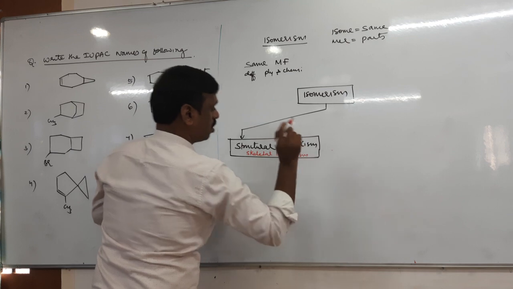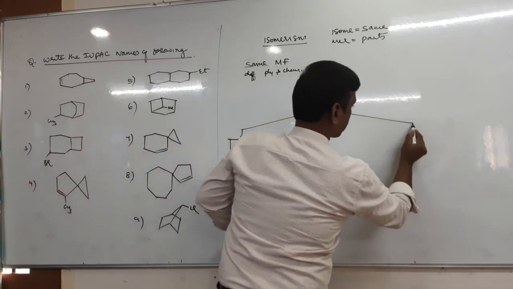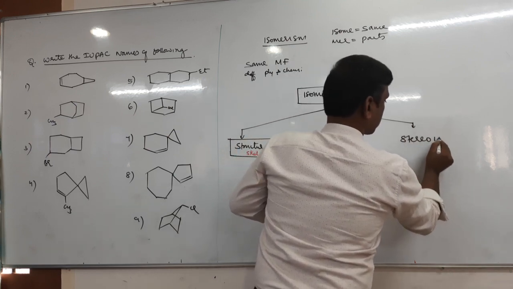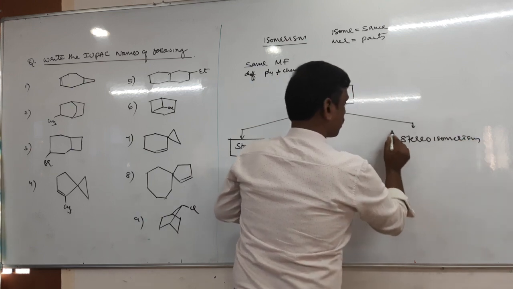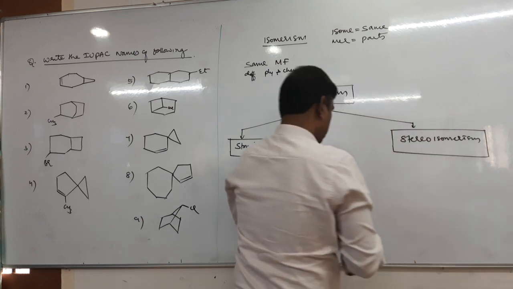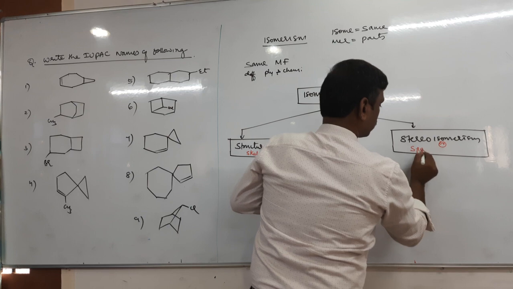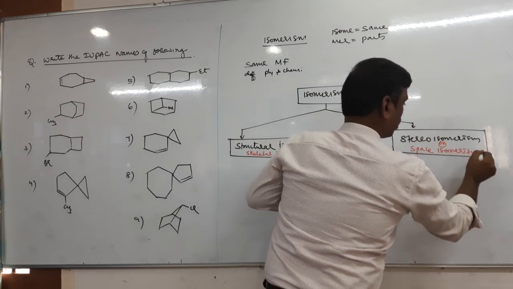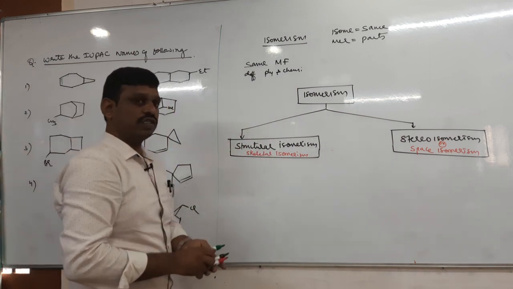Next is stereoisomerism. Stereoisomerism is also called space isomerism. So isomerism is basically of two types, one structural, second stereo.